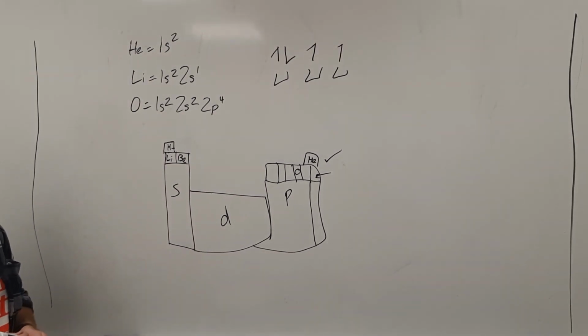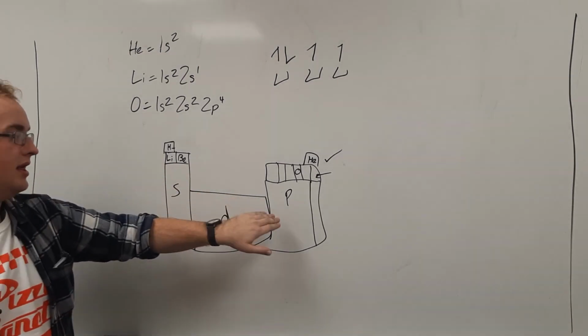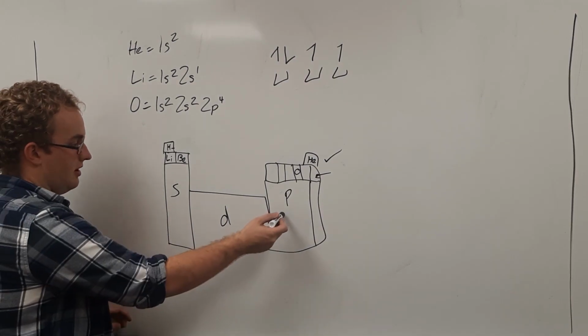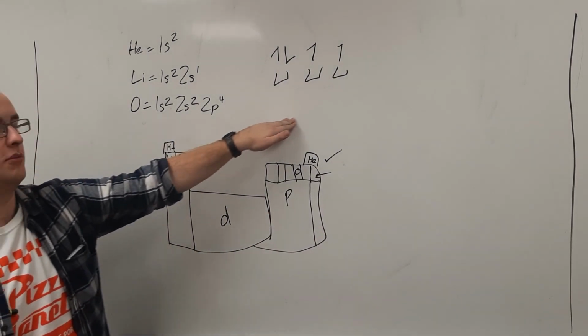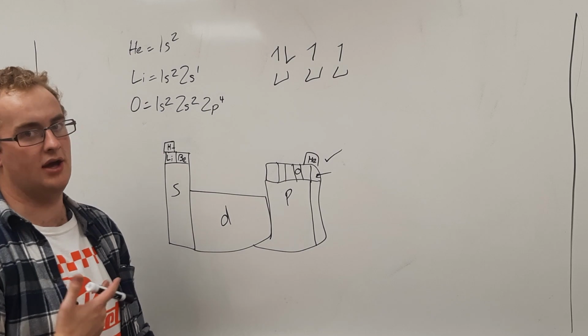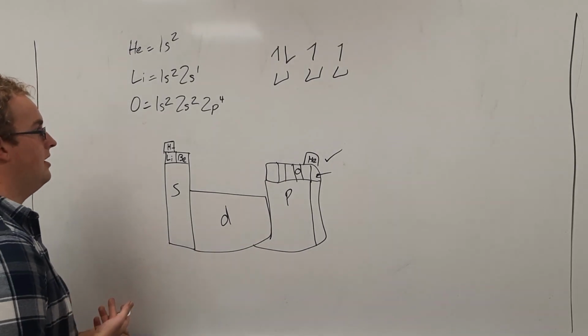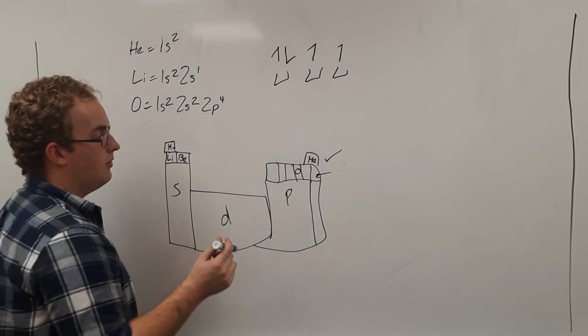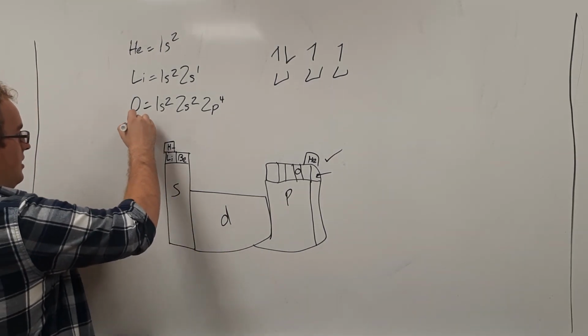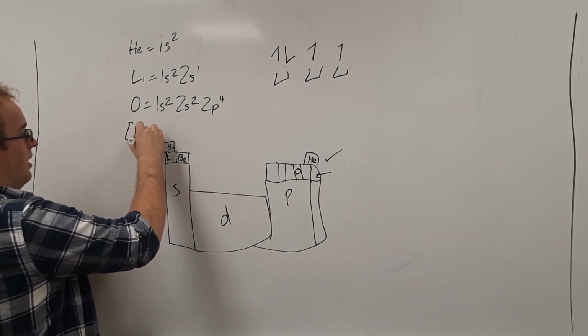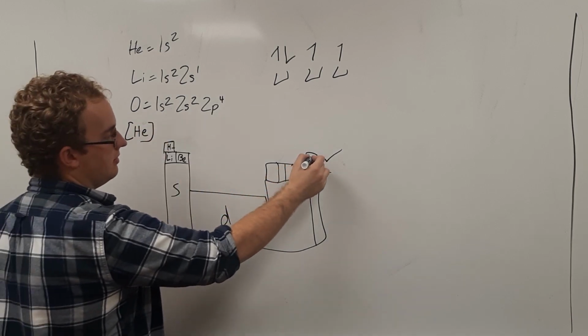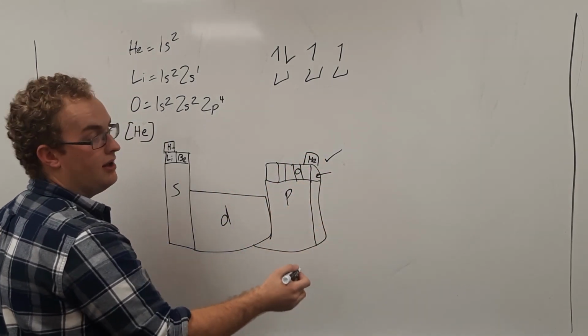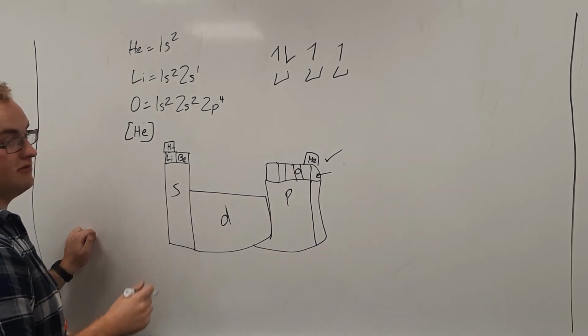Now what scientists figured out, and because we as humans kind of tend to notice this, is when you're writing electron configurations for elements down here, you start to get a lot of orbitals written, and it gets kind of annoying to write so much stuff. So they like to do shortcuts where they'll just write the name of the most recent noble gas, or anything in this last row, and then they'll do the electron configuration from there.